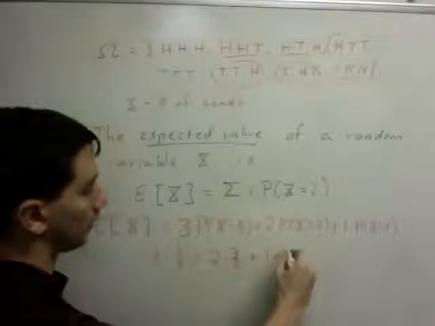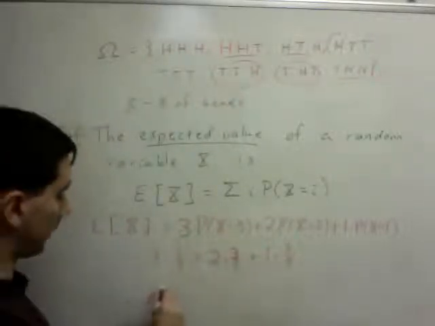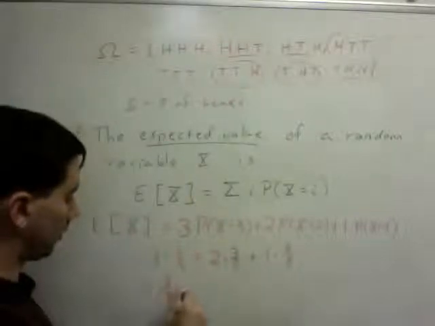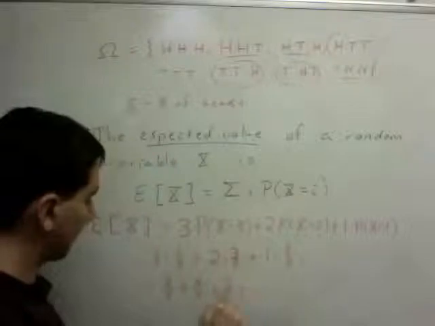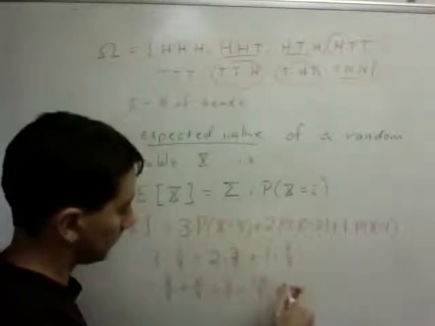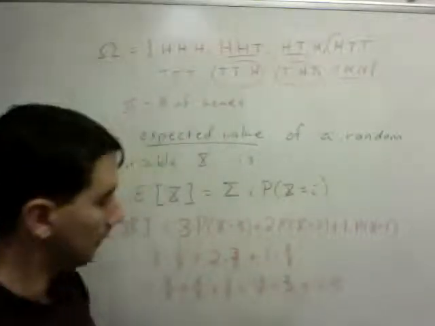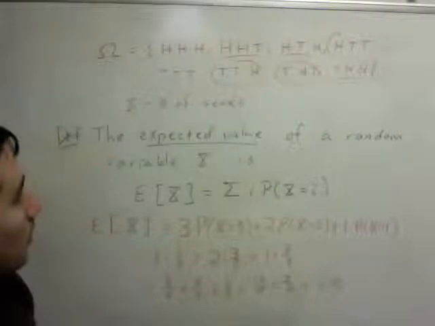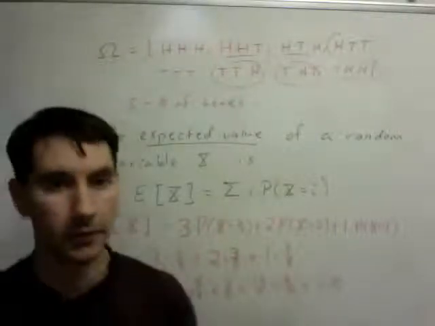So 3 over 8 chance that we have 1 head. And then if we just add this up, we have 3 eighths plus 6 eighths plus 3 eighths is equal to 12 over 8, or 3 halves, which is 1.5. So if we flip a coin 3 times, the expected number of heads is 1.5.